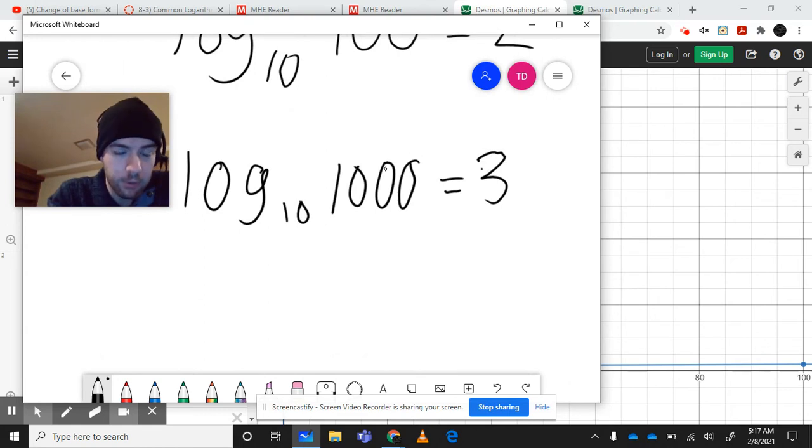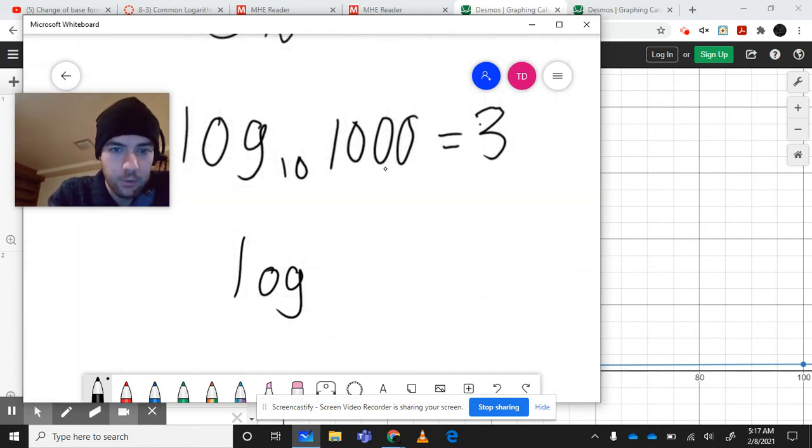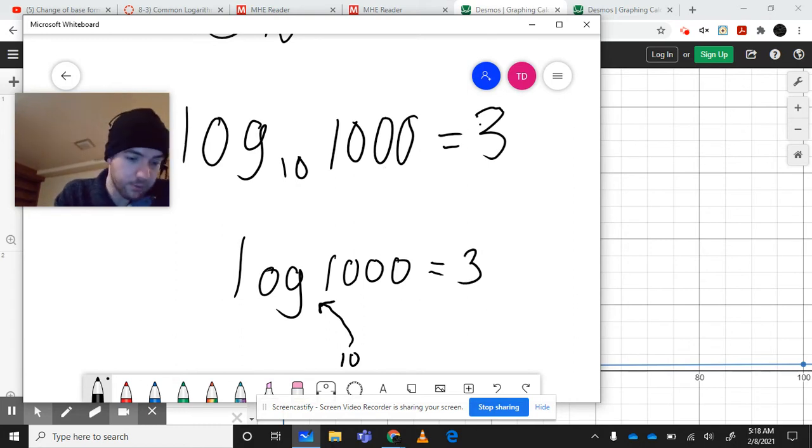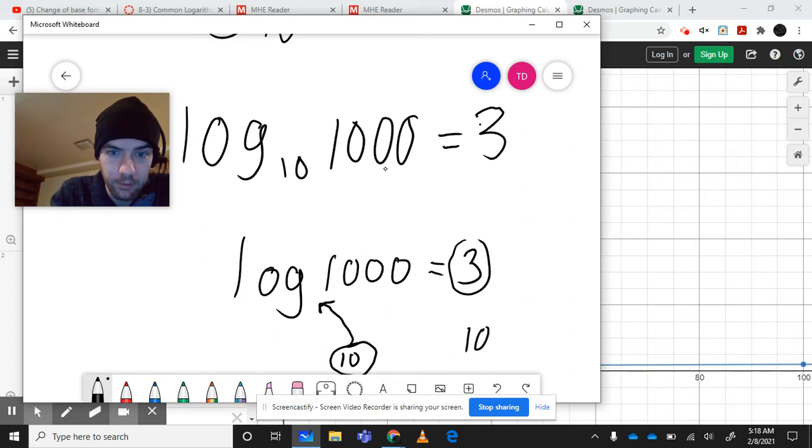With common logarithms, we are just assuming that we have a base of 10 if there is no other base written. So if you see log 1000, then we're adding an additional step to the mental hurdles we have to jump over. We need to remember that there's an implicit 10 here, and that implicit 10 is the base of the exponent. 10 to the third is what this logarithm is representing, and the 1000 is representing the answer.